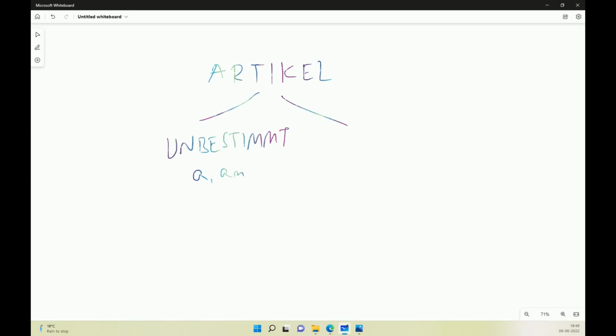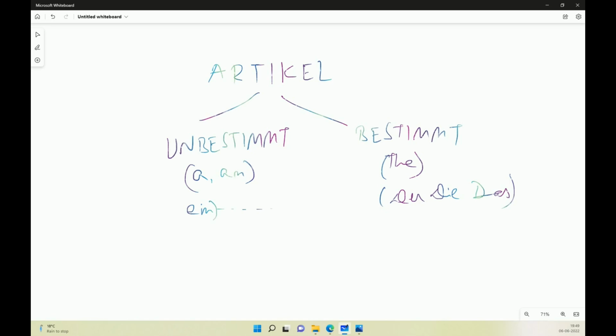So their counterparts we'll be learning in our next class. And these are bestimmt. Bestimmt means the, in German der, die, das, and unbestimmt is eine. Meine, mine, is also there.